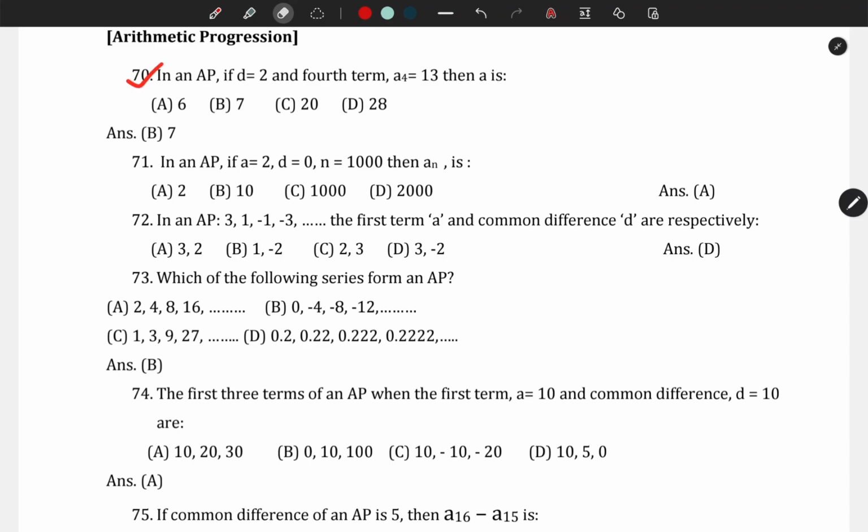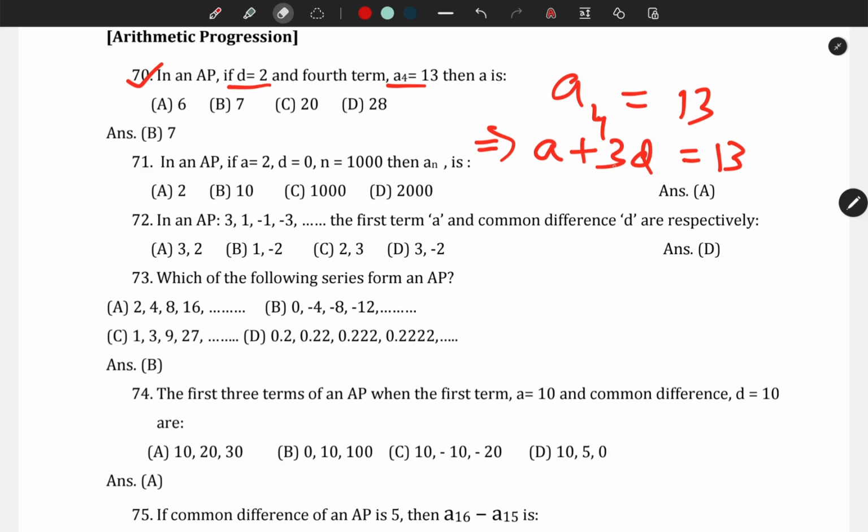Question 70. In an AP, if d, that is common difference, equals 2, and the fourth term a4 equals 13, then a is. The fourth term is given to be 13. Now we know the fourth term will be given by this formula: a plus 1 less than 4, that is 3d, equals 13.